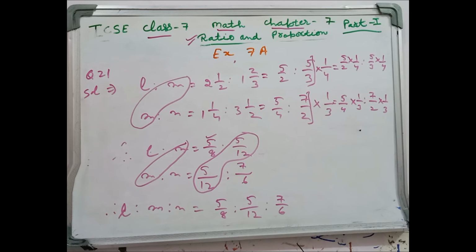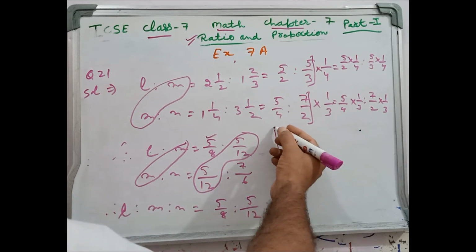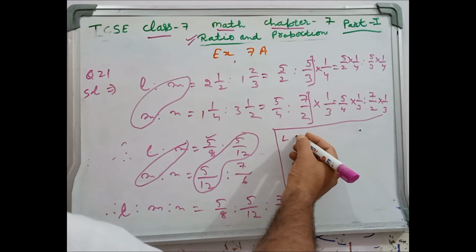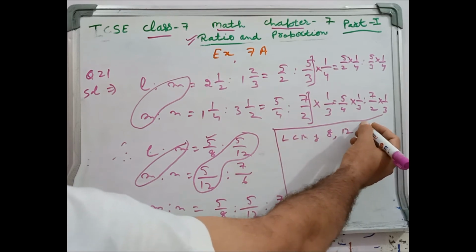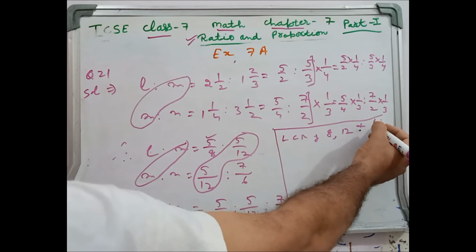So our answer here, what has been asked? L ratio M ratio N. Now we will solve it further by taking LCM of the denominators 8, 12 and 6.